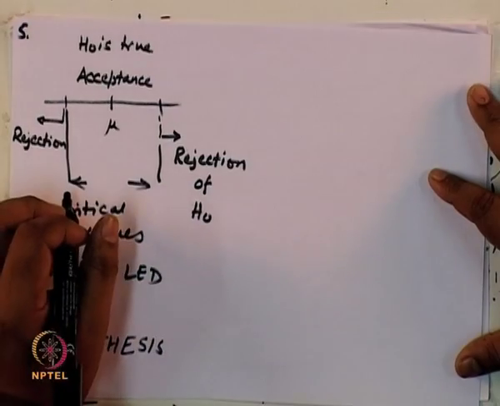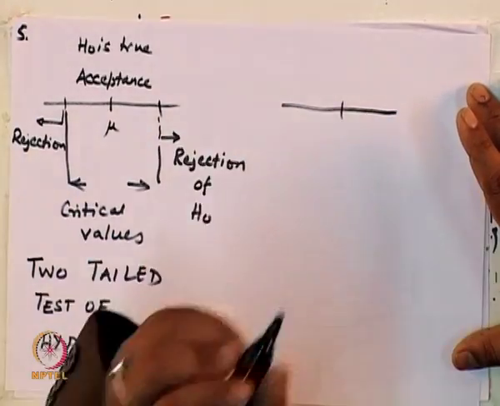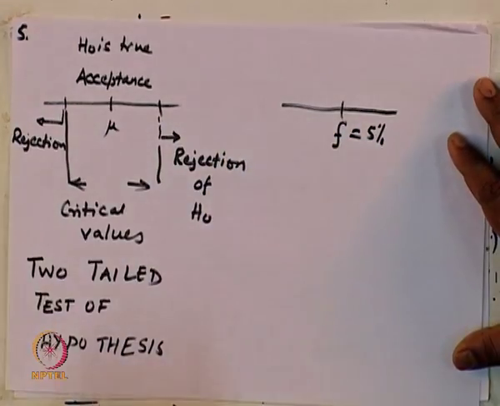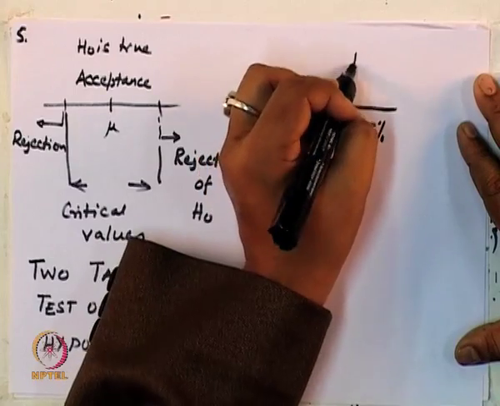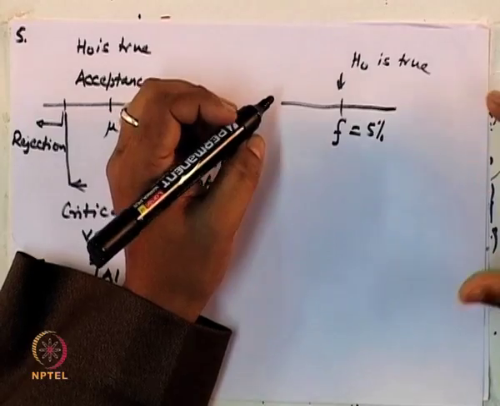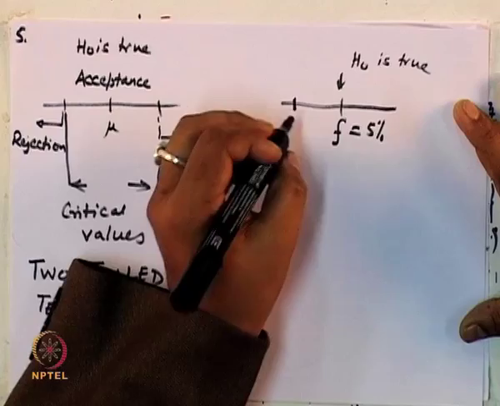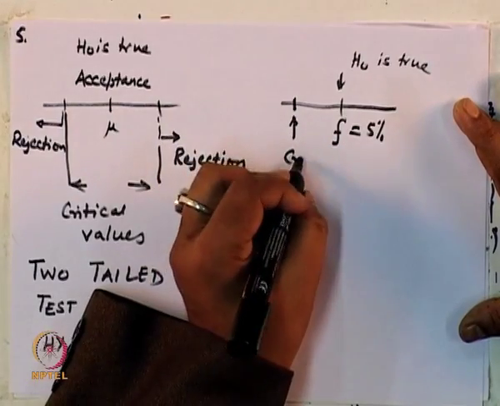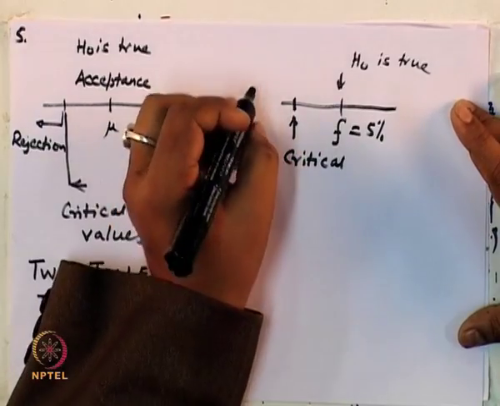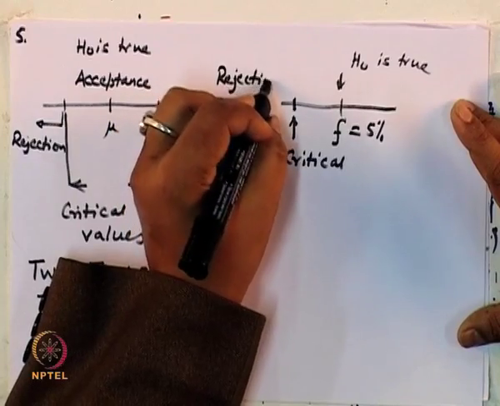In the other example we had discussed briefly, you have a fraction f of 5%, which corresponds to H naught being true. So, you want to lower the defective pieces. Your critical value is somewhere much to the left of it, and this is your rejection region.